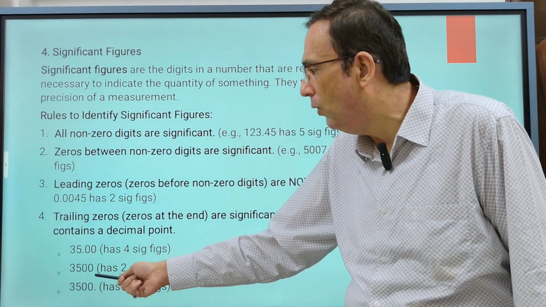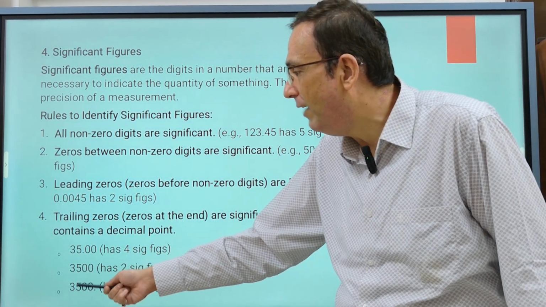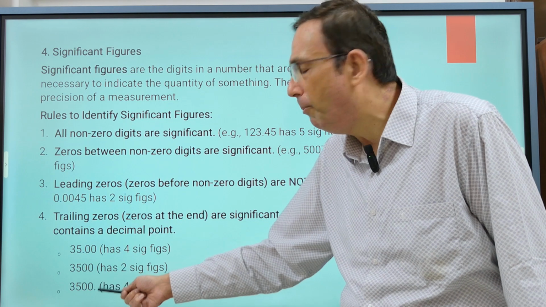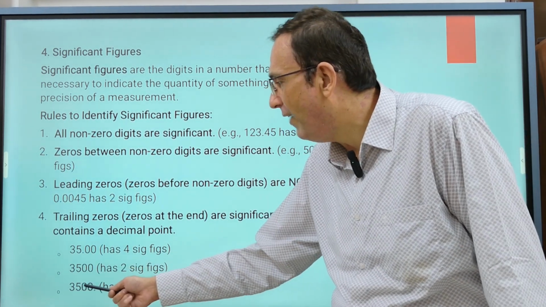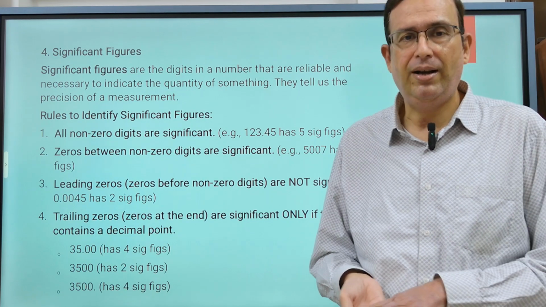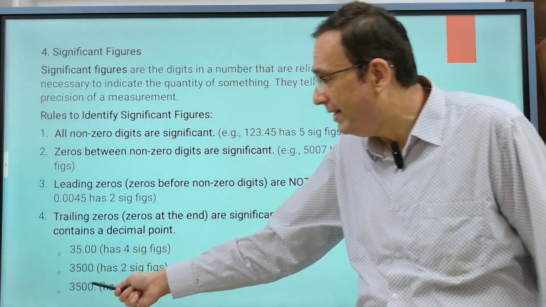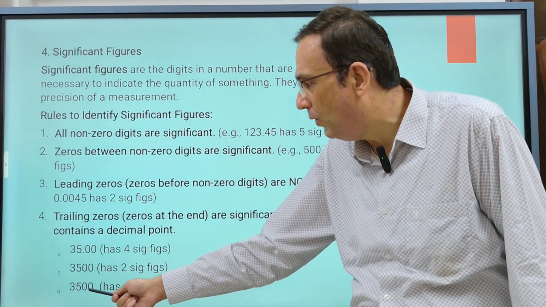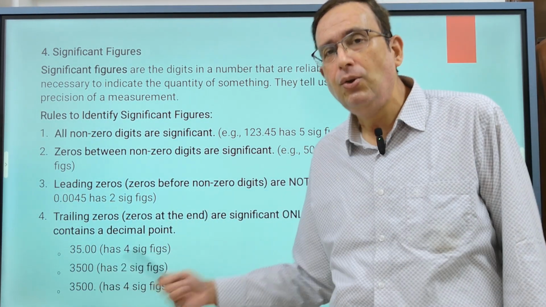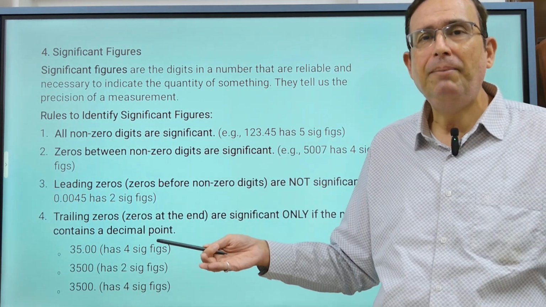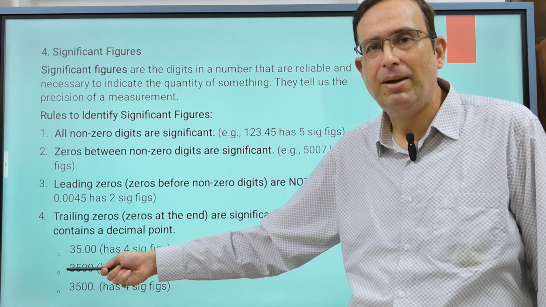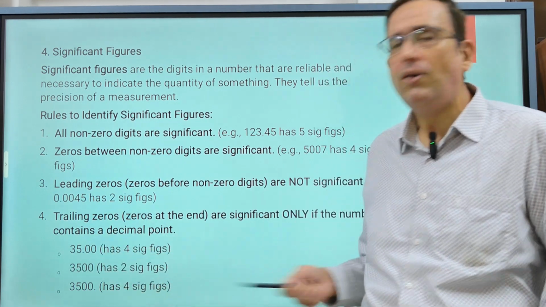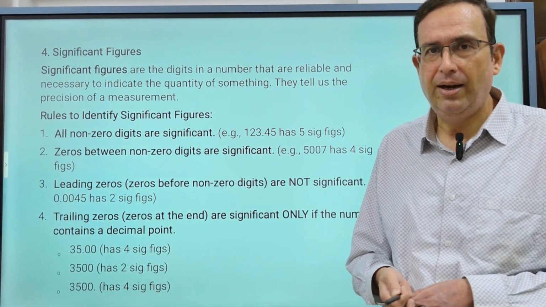Similarly, 3500 has 2 significant figures, but if after 3500 you place a decimal, then 3500. will have 4 significant figures. If you place a decimal after 3500, then you are saying that you have accurately measured that quantity up to the units place before the decimal point. So in that case it has 4 significant figures.